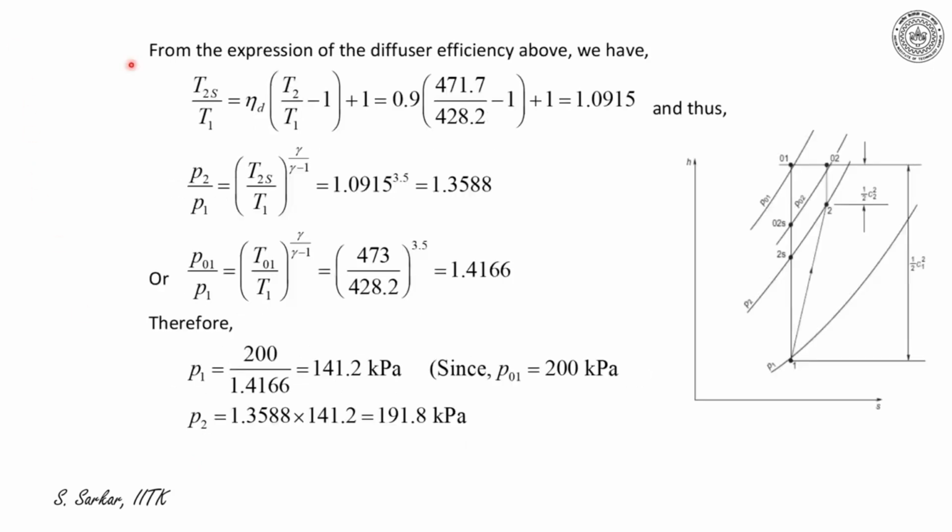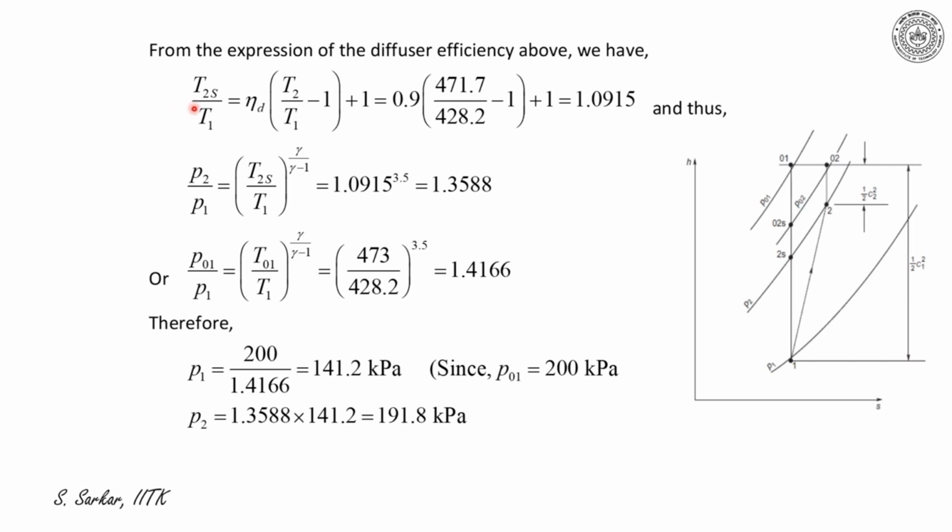Thus I have got exit temperature of fluid as 471.7 K. From the expression of the diffuser efficiency, we can write T2S by T1 is equal to eta D within bracket T2 by T1 minus 1 plus 1. Now eta D is the diffuser efficiency. We have already evaluated the value of T2 and T1.